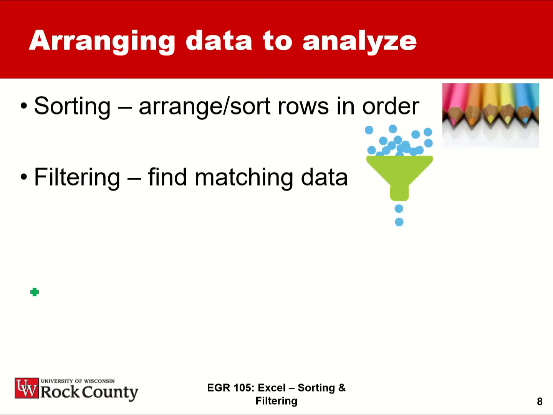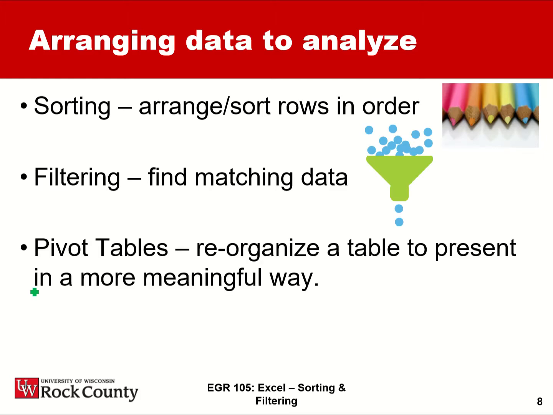Another thing I can do is also filter my data. I can look for things that match certain criteria. So I could say I want energy generated greater than 4 kilowatt hours, and the data can be then gone through and we can find what matches our data. We aren't going to be talking about pivot tables today.